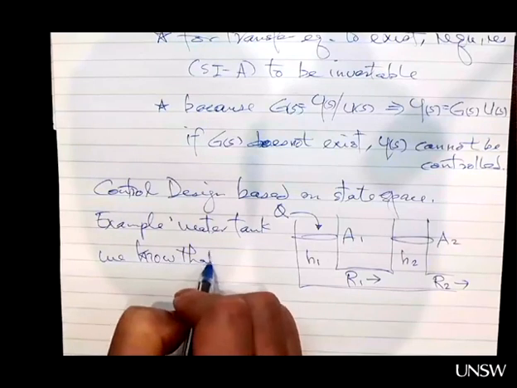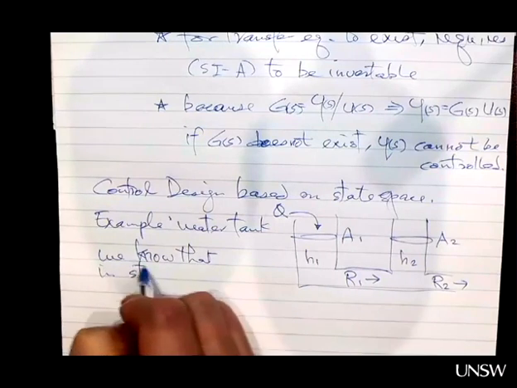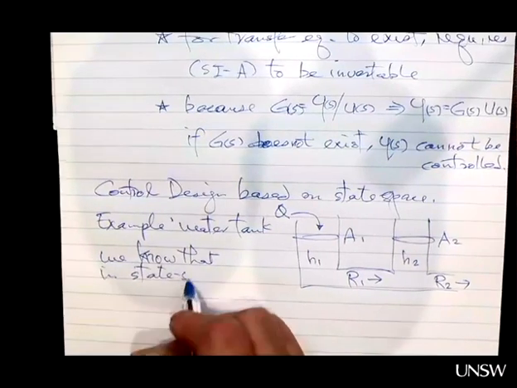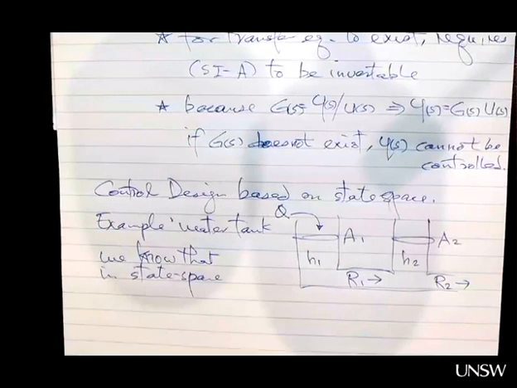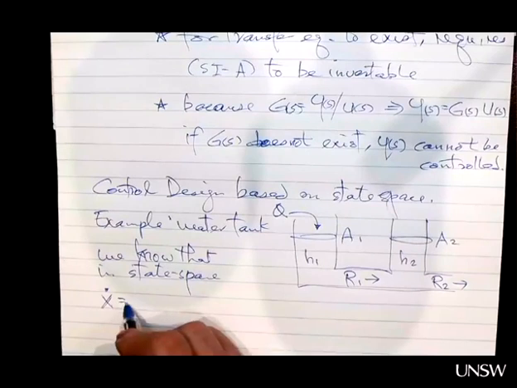Okay. And then in the previous lecture, we know that in state space we have x dot equals Ax plus Bu.